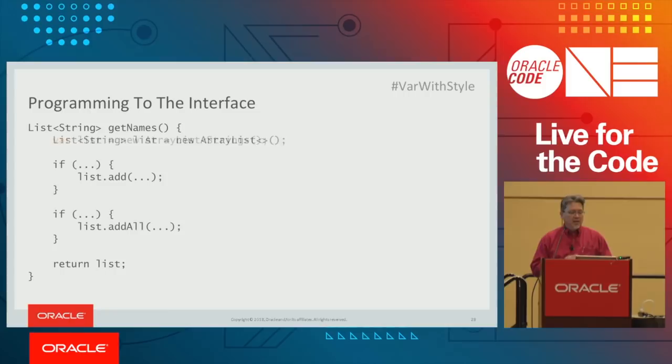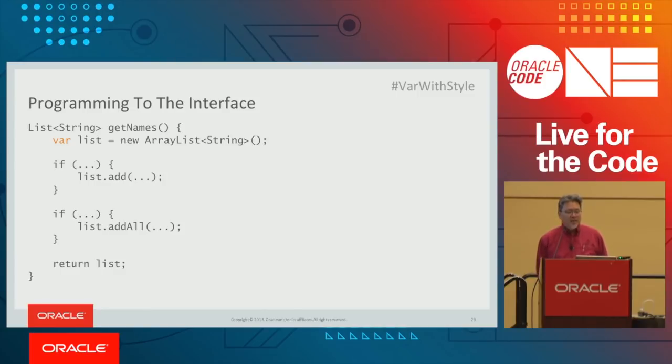Great. Now let's use var. Okay, the type of list is now ArrayList<String>. Is that a problem? Well, you're adding a bunch of things to it in this code, and then you're returning it. It's a local variable, and your methods should be pretty small, so maybe it doesn't matter that much.